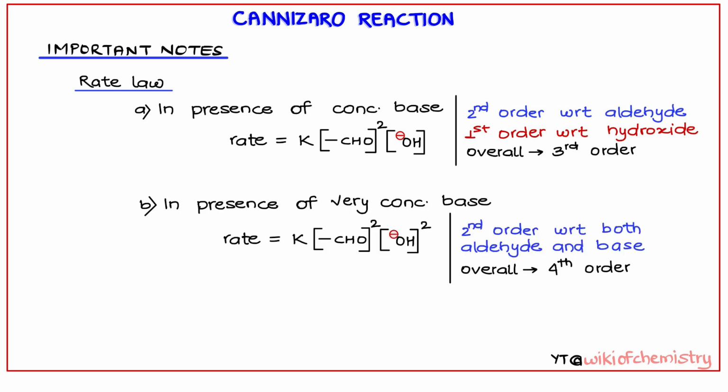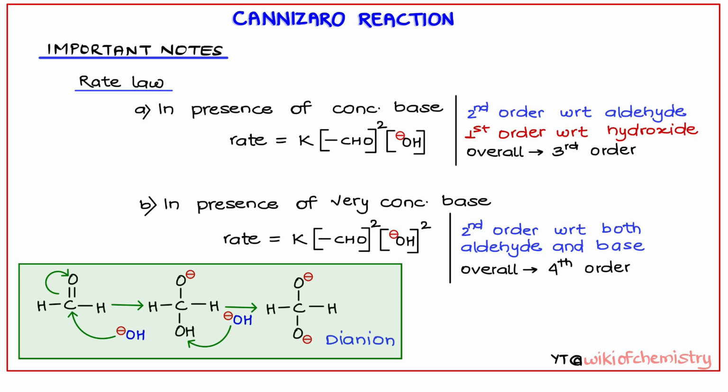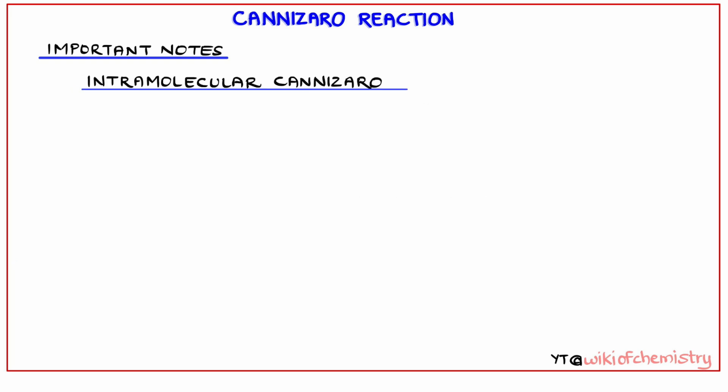In presence of a very concentrated base, it is of second order with respect to both aldehydes and base, and overall it becomes a fourth order reaction. This is due to the formation of dianion in presence of very strong base, which is a very good hydride donor. So next important note is an example of intramolecular Cannizaro reaction.